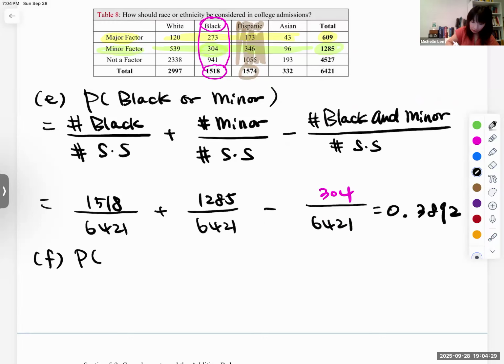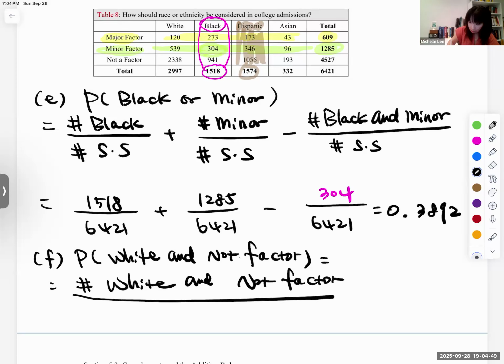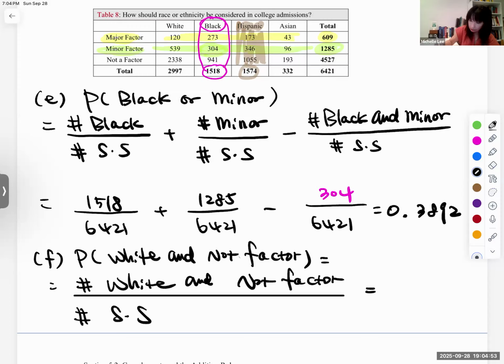White and not a factor, right? Okay, so there will be number of white and not a factor divided by number of sample space.